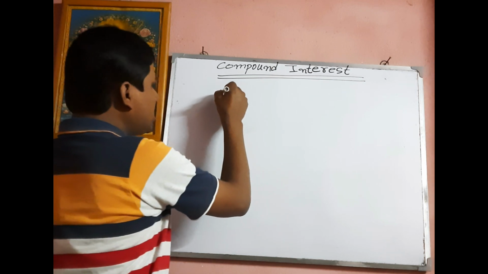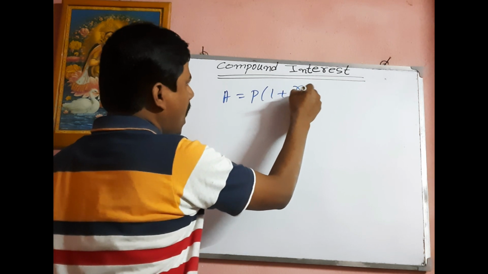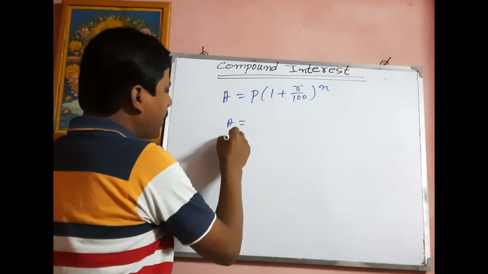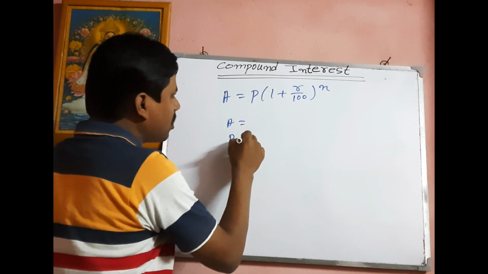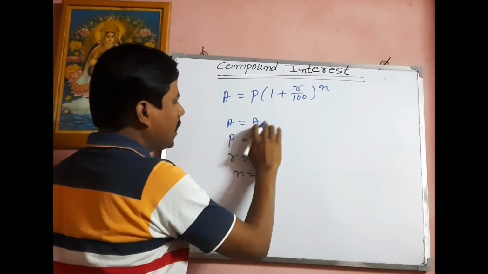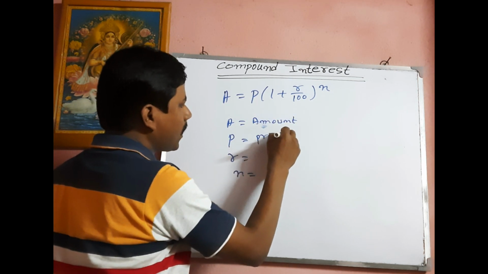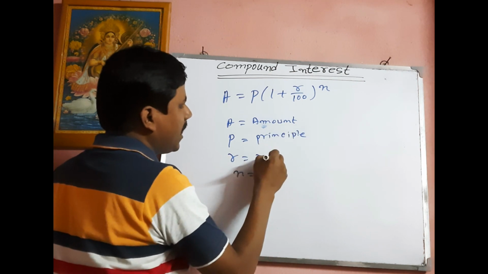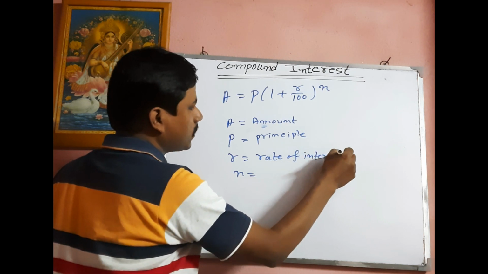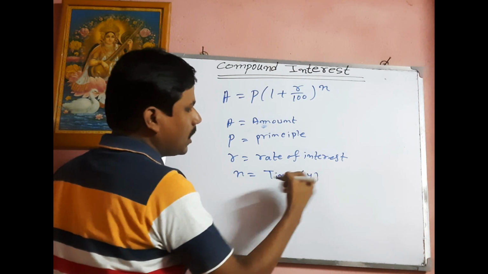Now the law of this chapter: A is equal to P times (1 plus R by 100) to the power n, whereas A is the amount, P is the principal, R is the rate of interest, and n is the time, yearly.